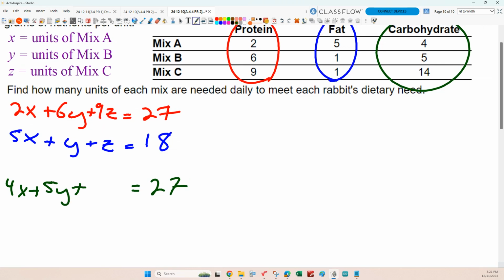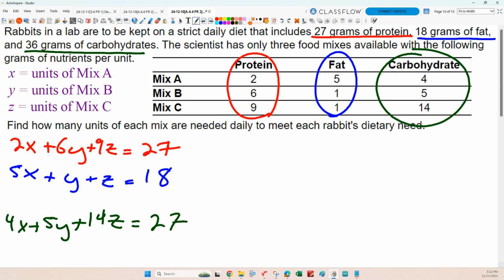Plus, what was the Z? 14? Equals 27. Yes? It's supposed to equal 36. Oh, yeah, 36. Did I write down the wrong thing? Where did I get 27? Oh, I looked at the wrong one. Right, so 36.